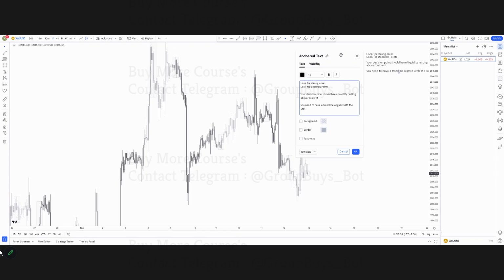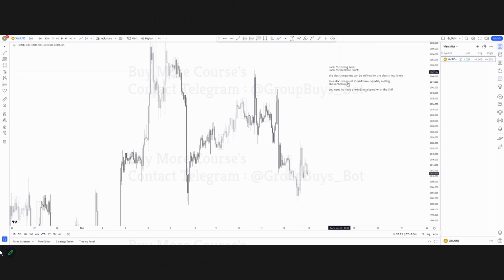And decision points can be refined to the classic key levels, as I say. Okay, so that's the point.